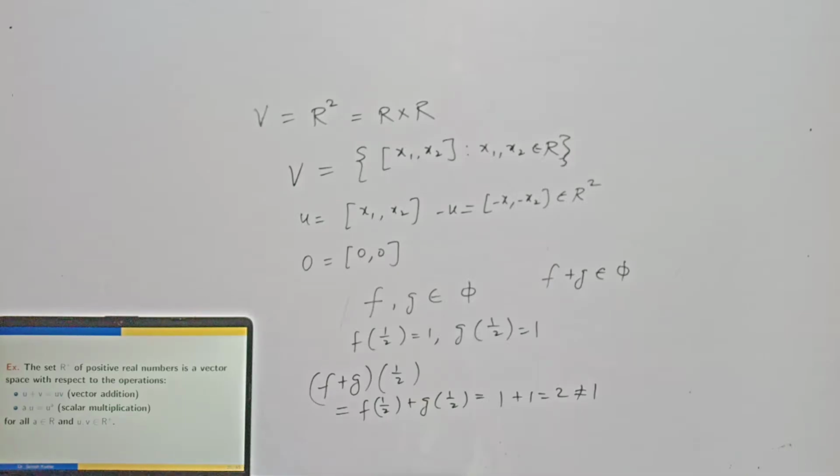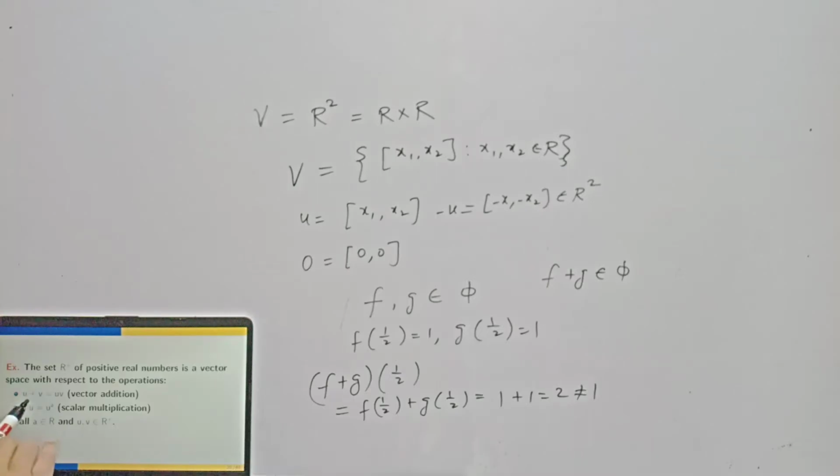This example is interesting because here the operations are unusual. We can call it an unusual vector space. The operations are not ordinary here. You see, R plus is the set of positive real numbers. Vector addition is defined in this manner. In fact, vector addition is the ordinary product of the two real numbers. u and v are positive real numbers, of course, because the collection is of positive real numbers.